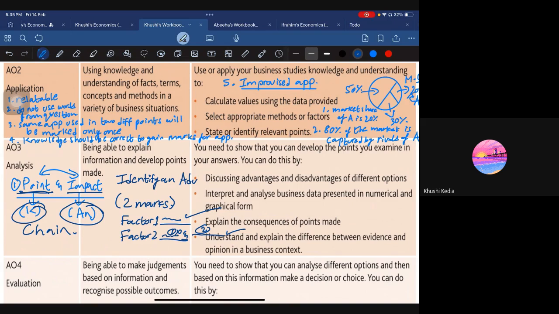You won't get it. Why? Because it said 2 factors and we put three.